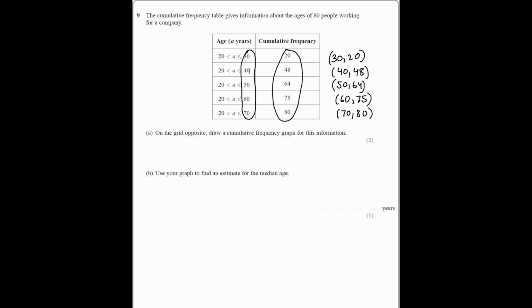30, 20, 40, 48, 50, 64, 60, 75, 70, 80. So we have to plot all these coordinates to make the cumulative frequency graph for this information. Each point on the graph corresponds to an upper class boundary and its cumulative frequency.